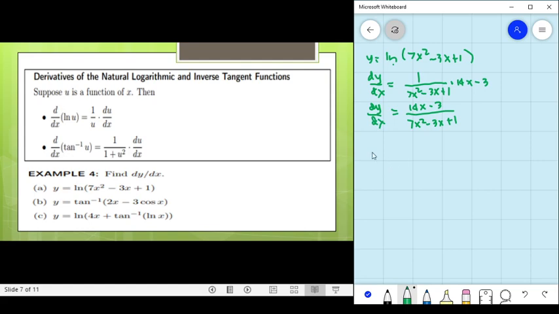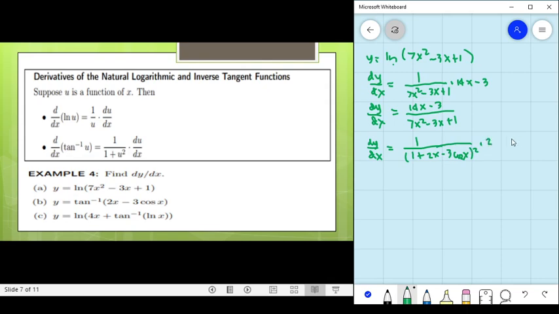Okay, number 2 is we are going to find dy over dx when y is equal to the inverse of tangent of 2x minus 3 cosine of x. Since it's arctangent, we are going to use this one, that dy over dx is equal to 1 over 1 plus the quantity 2x minus 3 cosine of x squared, times the derivative of the inner.